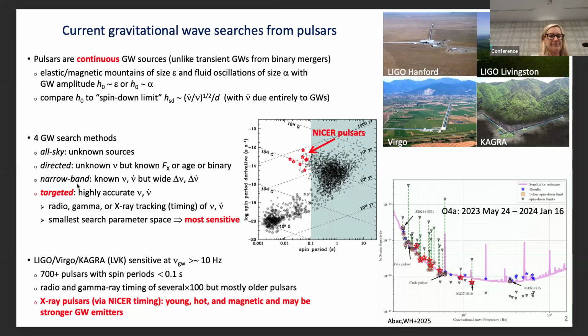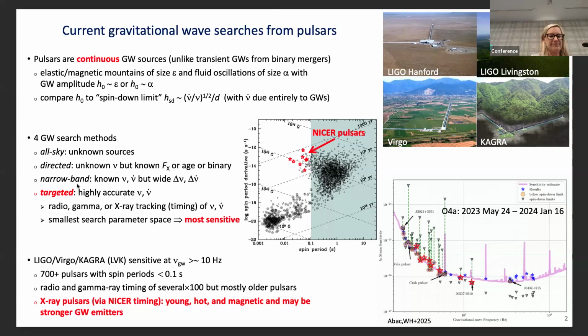So the current generation of gravitational wave detectors, LIGO, Virgo, and KAGRA, are sensitive to gravitational waves at frequencies greater than roughly 10 hertz. That's shown by the bottom right plot, which plots the gravitational wave amplitude h naught as a function of gravitational wave frequency.